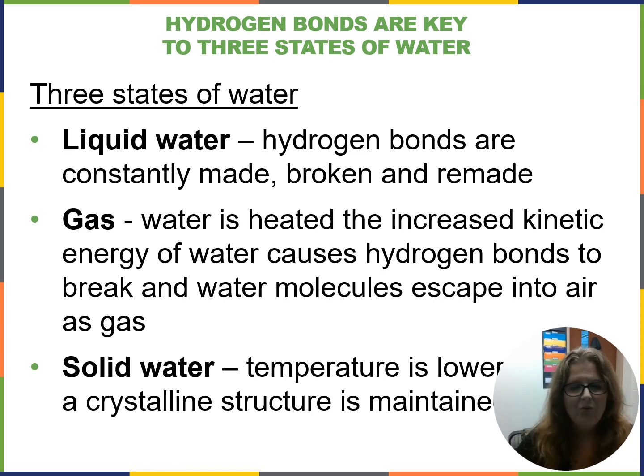And then solid water: the temperature gets lowered and the hydrogen bonds will actually kind of push each other and spread out. Most things, when they go into their solid state, actually contract. Metal is a great example of that. As it heats up, it will expand.